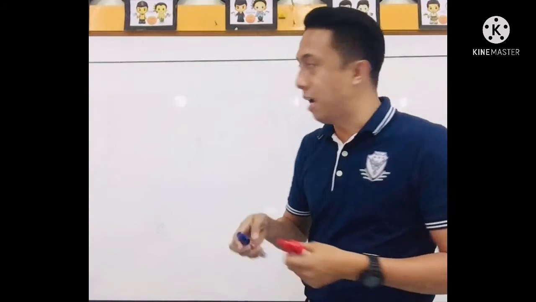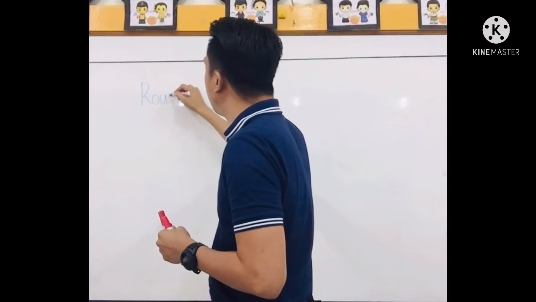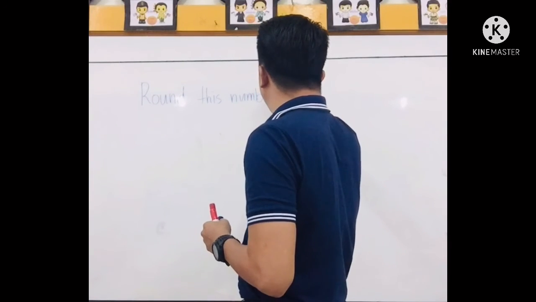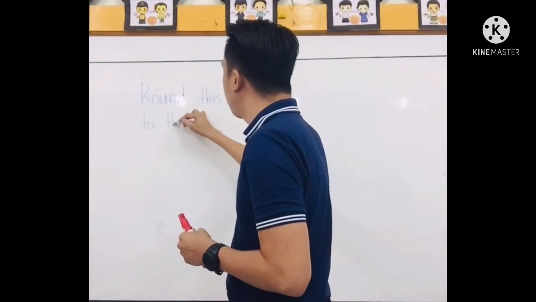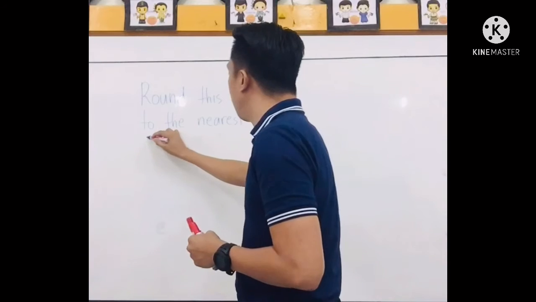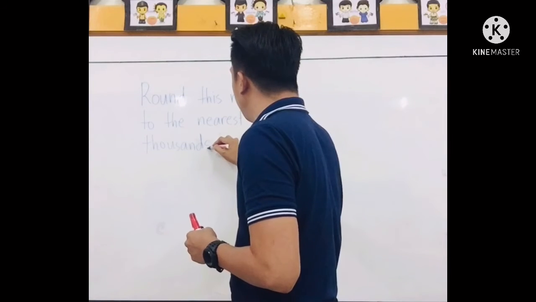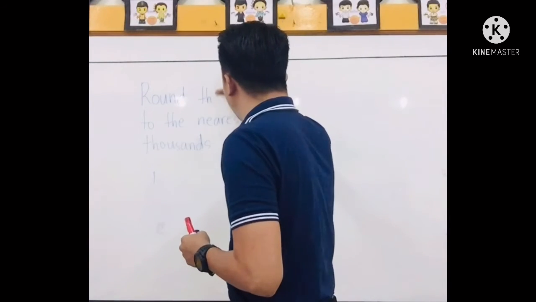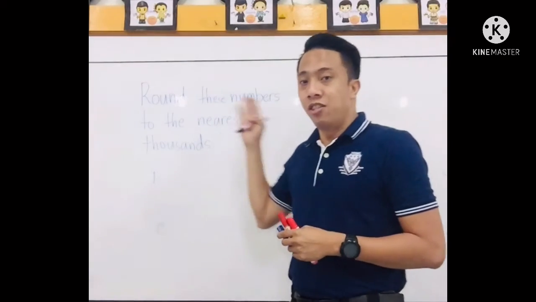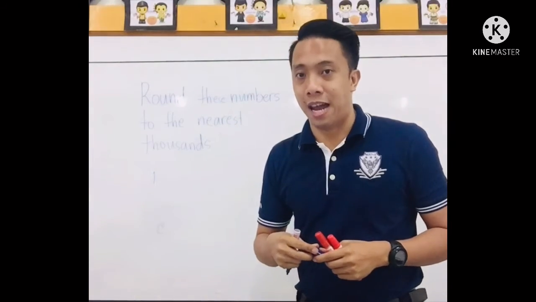My question here is, round these numbers to the nearest thousands place.